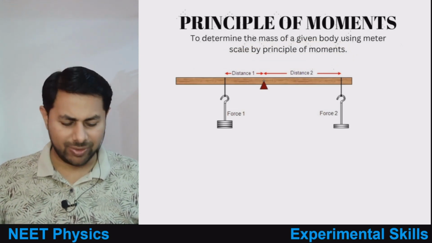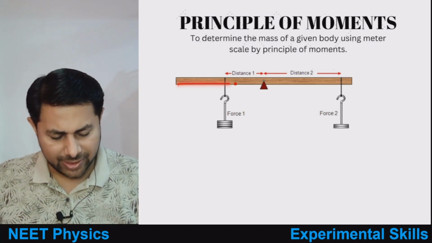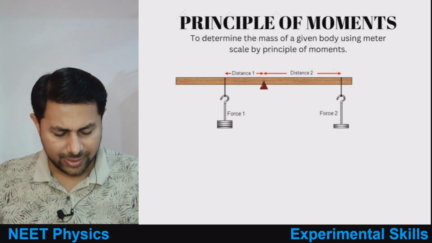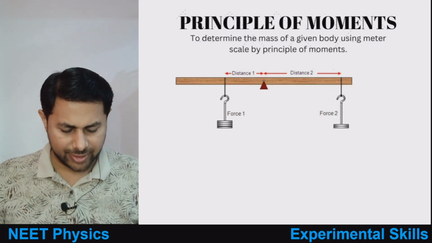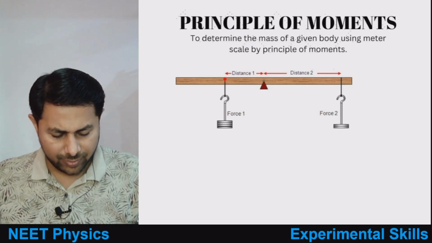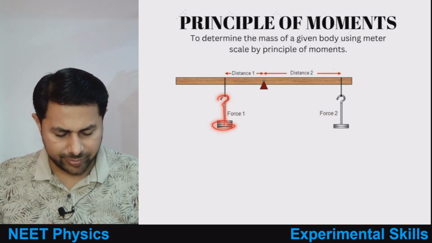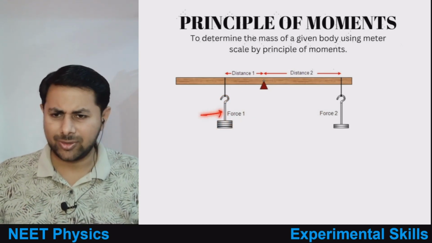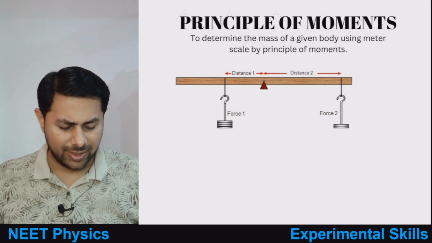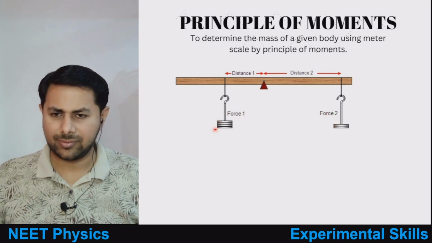In rotational equilibrium. See, this is a meter scale and it is pivoted exactly at the middle, right? Now there are these two hangers, suppose weightless hangers, and then you put some weights in those hangers.